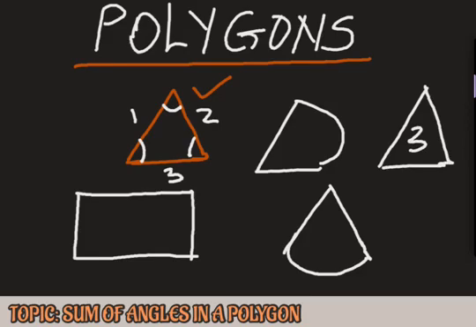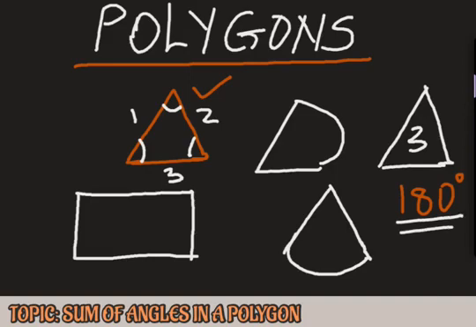Now, since the polygon with the least number of sides is a triangle, let's find out the sum of the interior angles of a triangle. We know that to be 180 degrees. Yes, the sum of the total interior angles of a triangle is always 180 degrees.